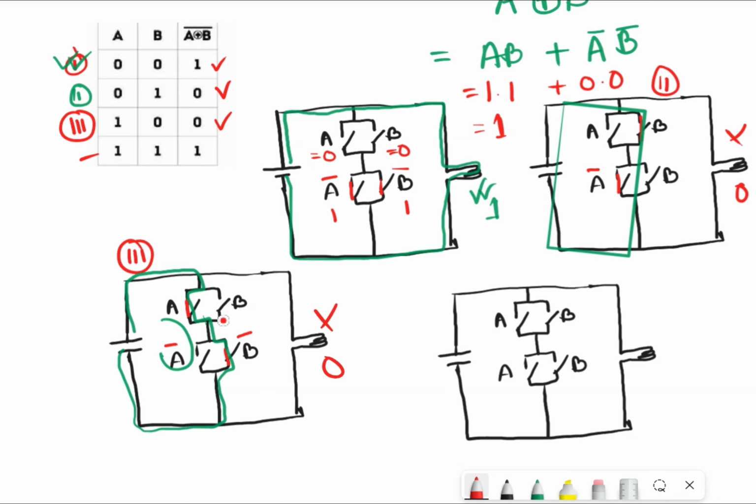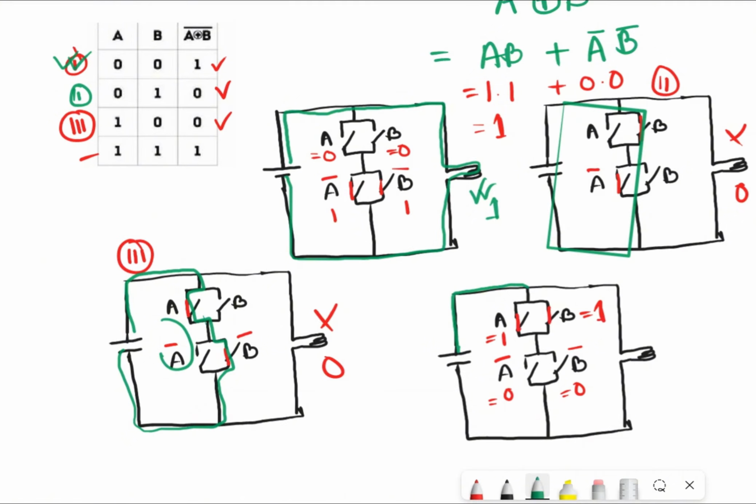So A is 1 and B is equal to 1 as well, and A bar and B bar are 0 0. It means this is connected and this is connected, but these two are open. As a result, the current flows through this direction, from the positive.